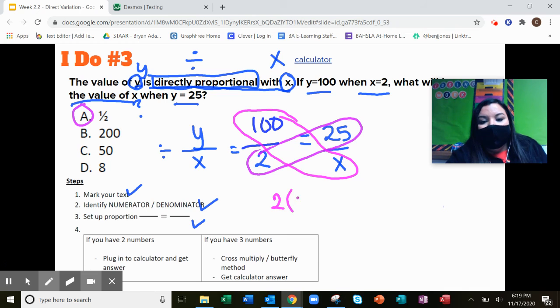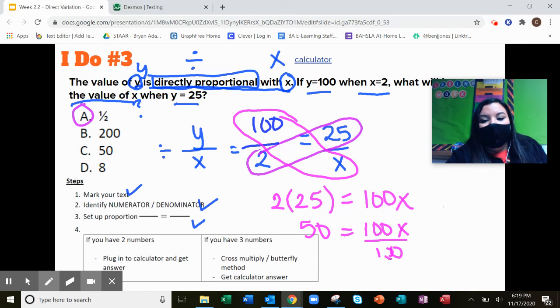So 2 times 25 equals 100x. You get 50 equals 100x. And then I can divide both sides by 100. This may be a little bit more complicated, but essentially we'll still get 1/2 equals to x.